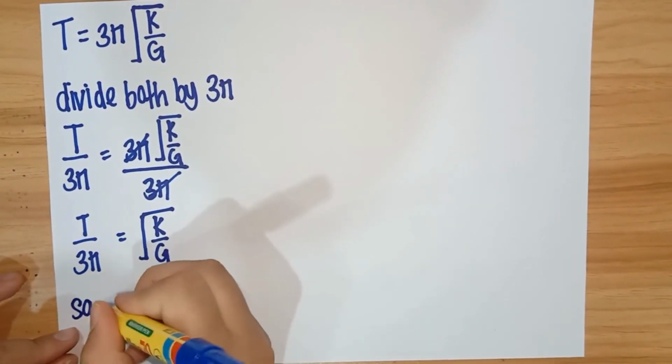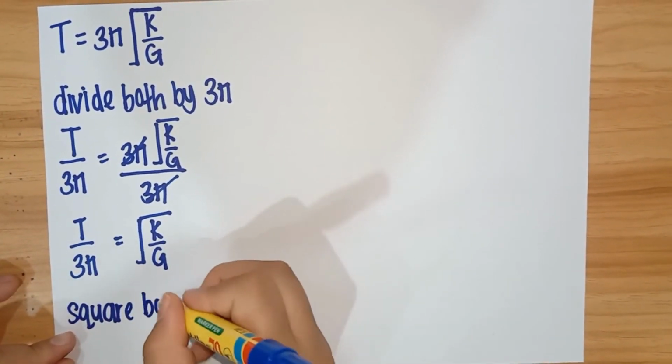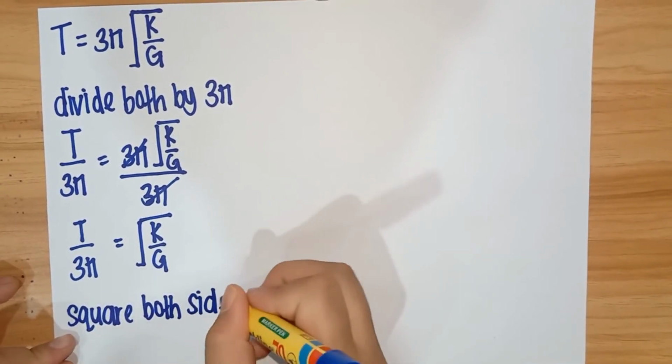Next, we need to square root both sides to eliminate the surd at the right hand side.